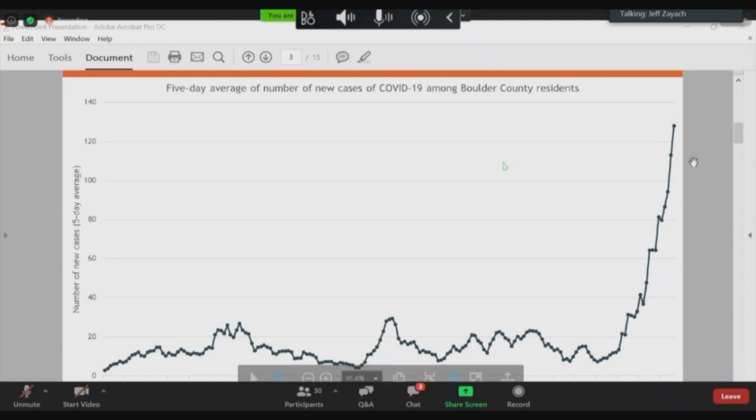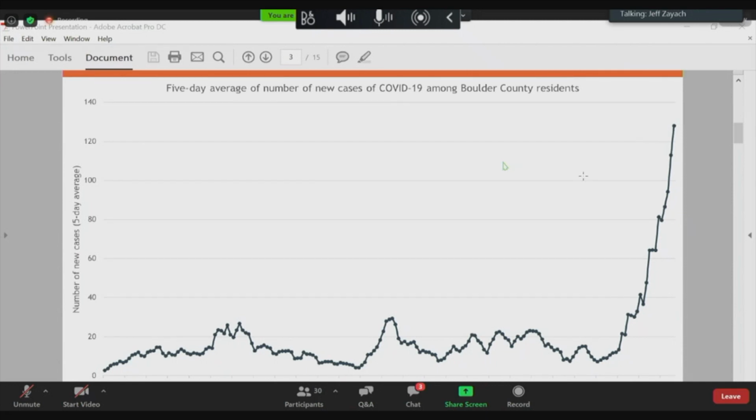We are not yet seeing a decline in those numbers, and we do expect, based on the 14-day quarantine letter that we issued, as well as some changes to policies at the university around disciplinary action and some increased patrols on the Hill, we do expect to see some decreases here in these cases. And we are talking about, if we don't see decreases, what are some of our next steps? But this is clearly a significant spread associated with CU.